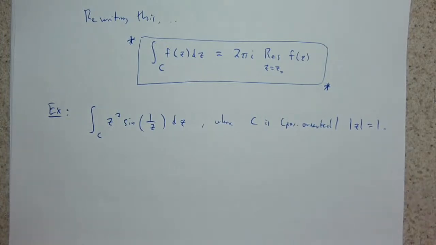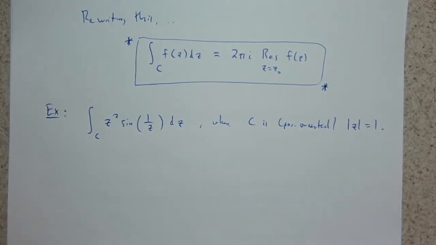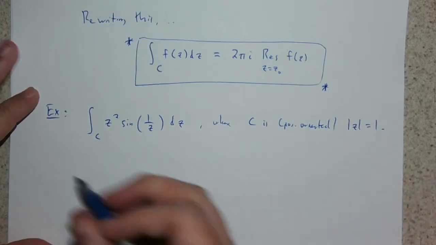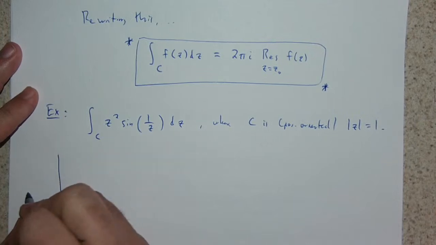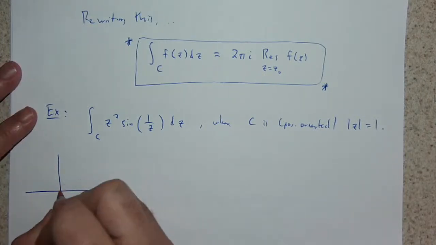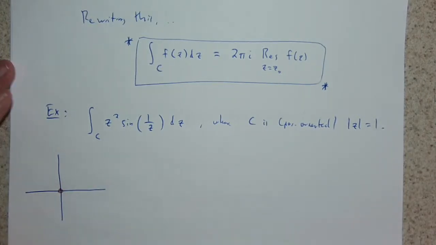First of all, if I were to actually look at this integrand, this integrand is analytic everywhere except at z equals 0. So there's a singular point.